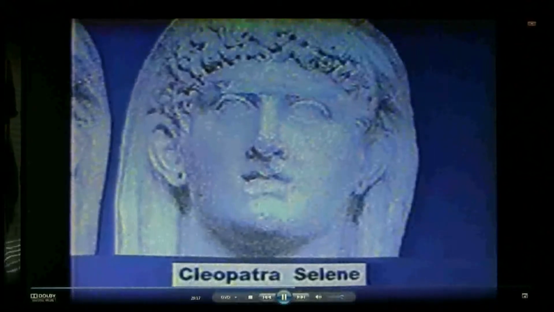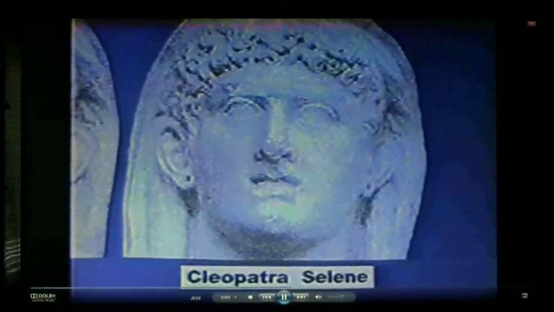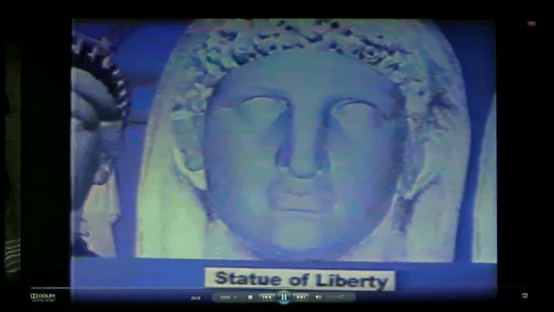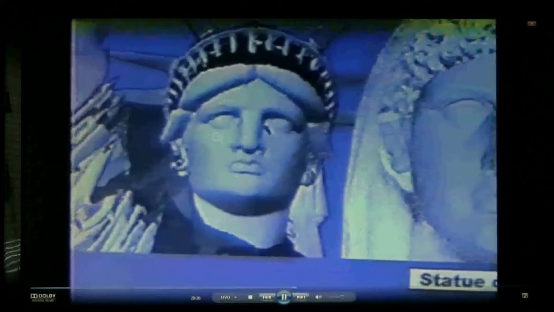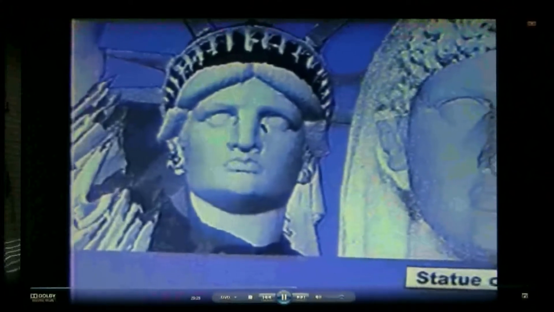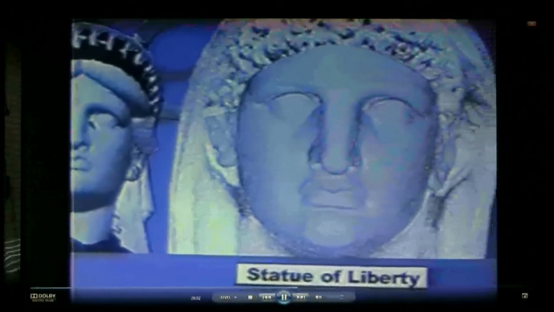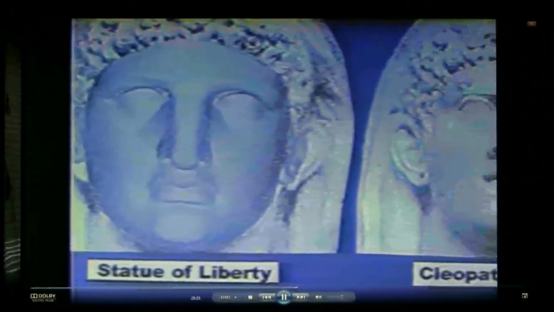Bartholdi used the ancient busts and minted coins of Cleopatra Selene as his models in designing the Statue of Liberty. By comparing a digitized photograph of the Statue of Liberty with a bust of Cleopatra Selene, the matching identity of Mary Magdalene and Selene becomes clear.